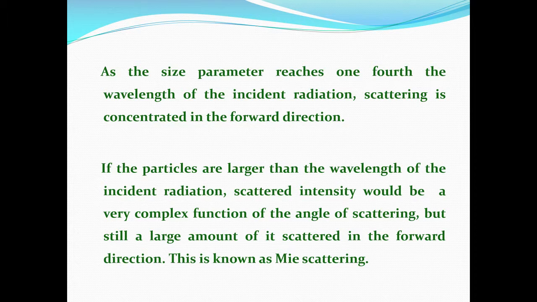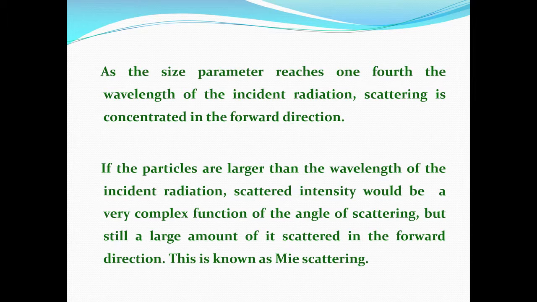With the monochromator, if I choose a particular wavelength, I know what the wavelength of the radiation is. If it reaches about 1/4, then the scattering is concentrated only in the forward direction. This is very important, because I am going to measure the turbidity only in the forward direction.